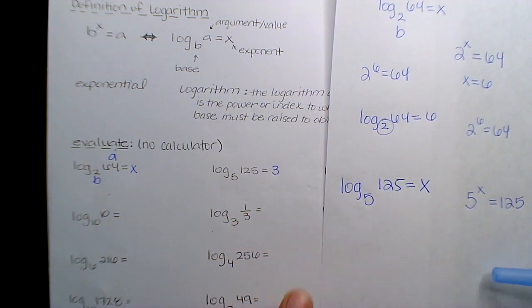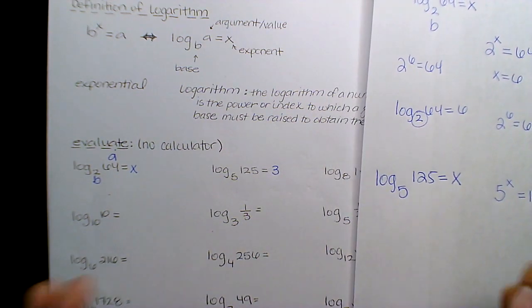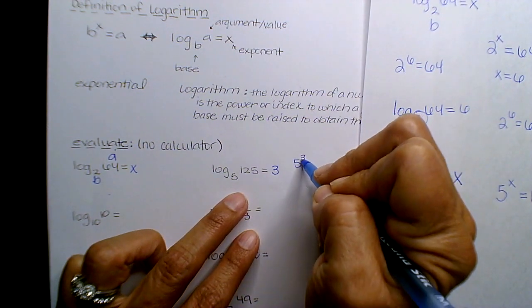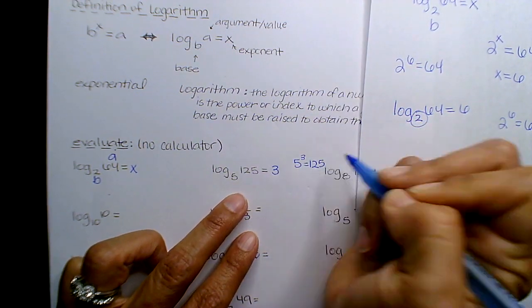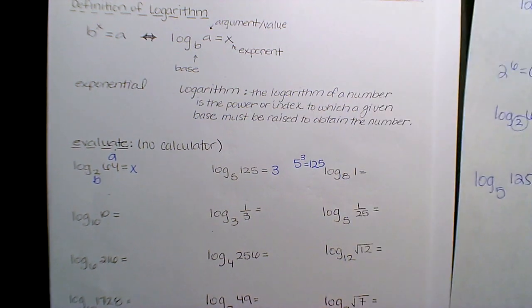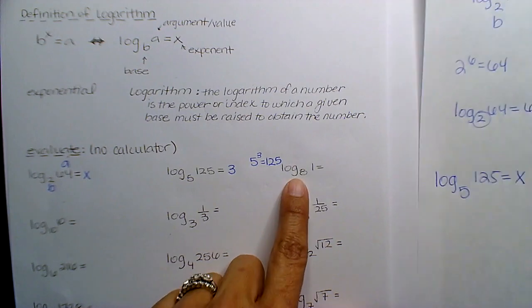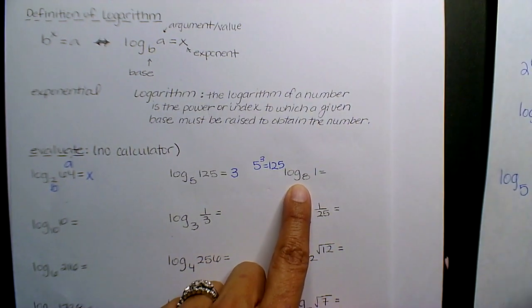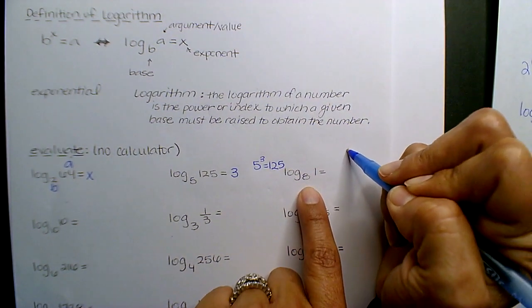Remember, you get to use your papers on quizzes, so it would be within your interest to write it to the side, because if you don't write it, that's your issue, not mine. Okay, so if we do log base 8, that means the base is 8.